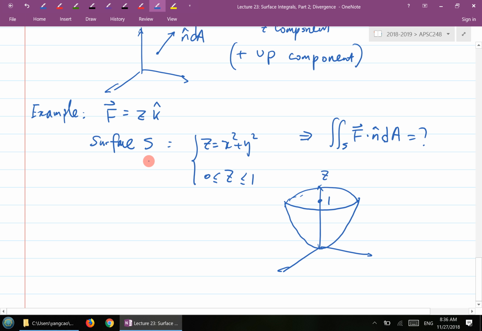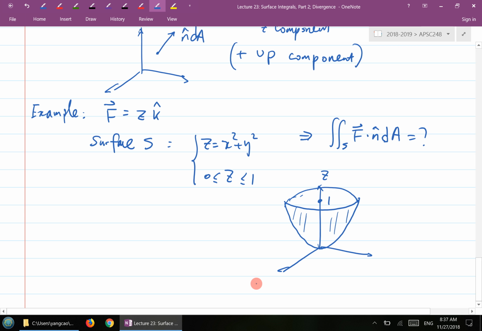This particular S only refers to the paraboloid here. It doesn't include the top surface. Sometimes the problem will specifically tell you S has both the top surface and the side surface, and that actually requires piecewise integration. Okay, good. So let's look at this calculation.